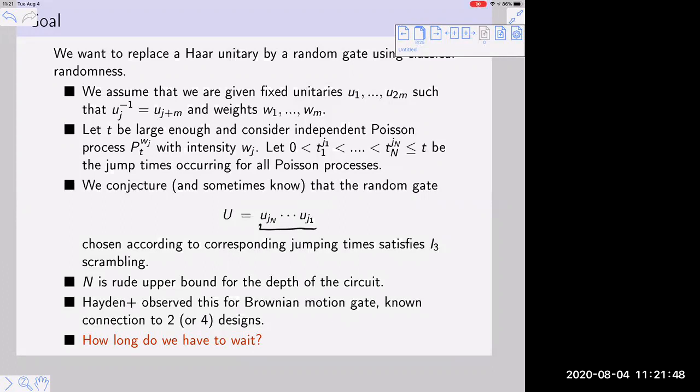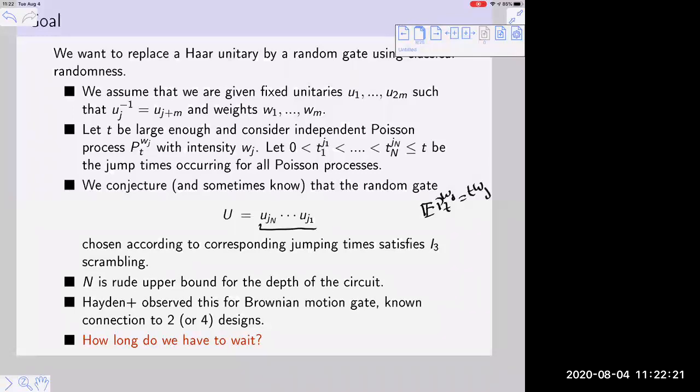If you talk about the depth of the gate, that would be the total number. Well, the total number of gates is, of course, capital N. And if you have Poisson processes, you know what that is because you have m of them, and you take the expectation over P_t w_j, and that's t times w_j. So if you know the time, you know how many unitaries you need. And if they are local, you can maybe arrange this to have smaller depths, but depth is a matter of what is local and how many of these U_j overlap.